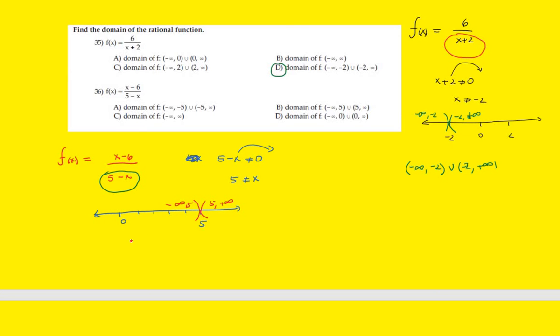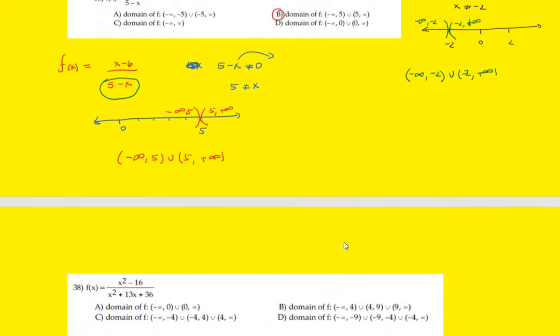So the domain will be from -infinity up to 5 union 5 to plus infinity. And if you look here, that one is, oh, it's B. Here it is. Okay, now let's scroll down to the next one.